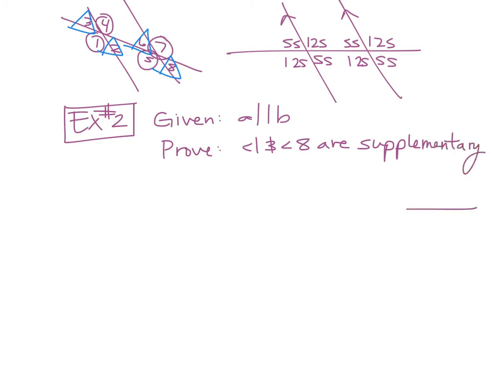So let's say our picture looks like this. They told us these are parallel, so we'll mark them parallel. And then you have angle 1, angle 5, angle 7, and angle 8.